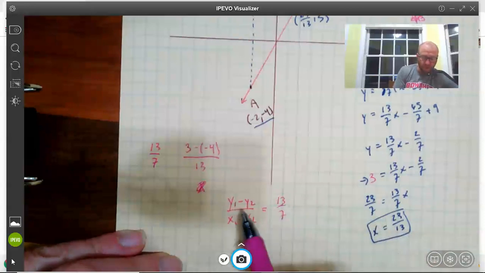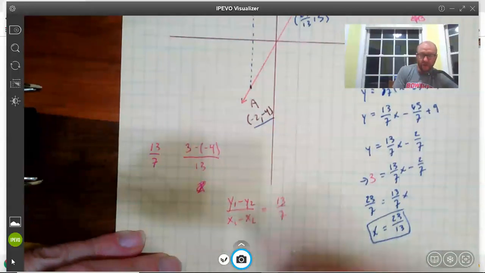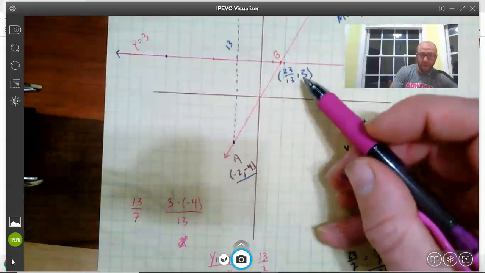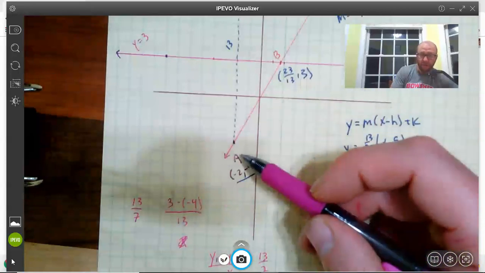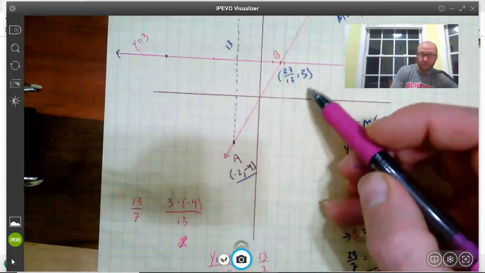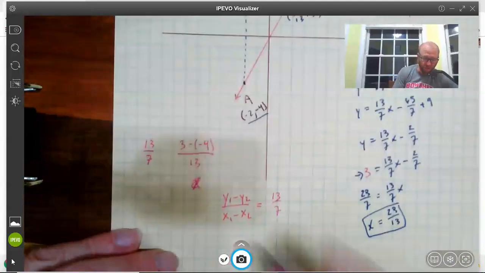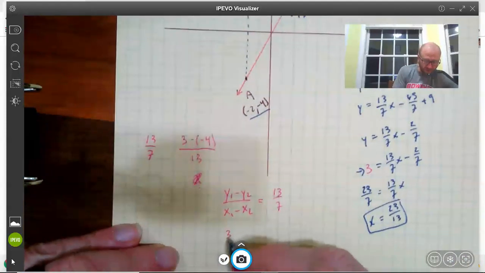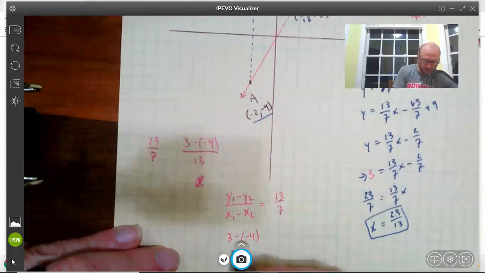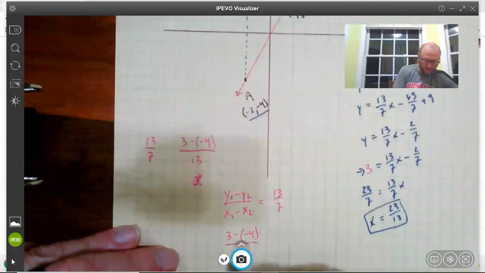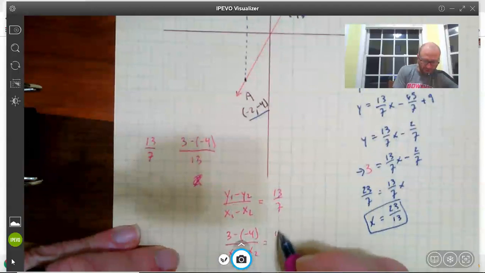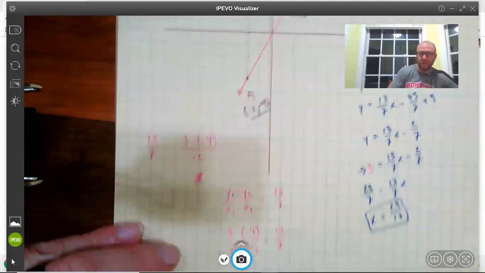And we know our change in y from A up to B is end minus start equals change. So 3 minus -4 over x sub 1 minus x sub 2 equals 13/7.